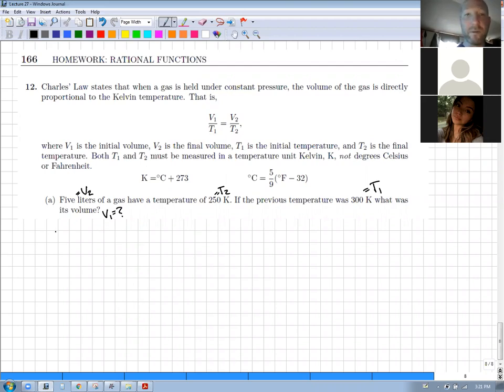All right, so T1 is 300 Kelvin. T2 is 250 Kelvin. V2 is 5 liters. What is V1? Well, looking at this, we could see that V1 is V2 over T2 times T1.